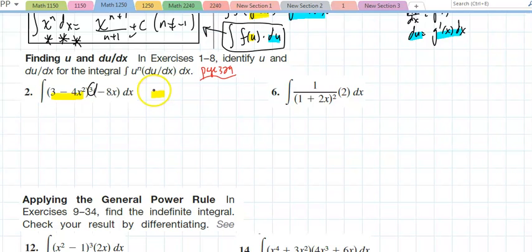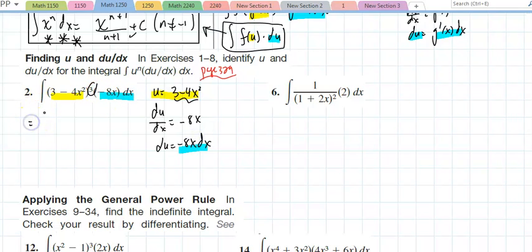So if I let u equal 3 minus 4x squared, and I'll take a derivative, what's the derivative of that? That is negative 8x, and if you cross multiply, do you notice this is right there?